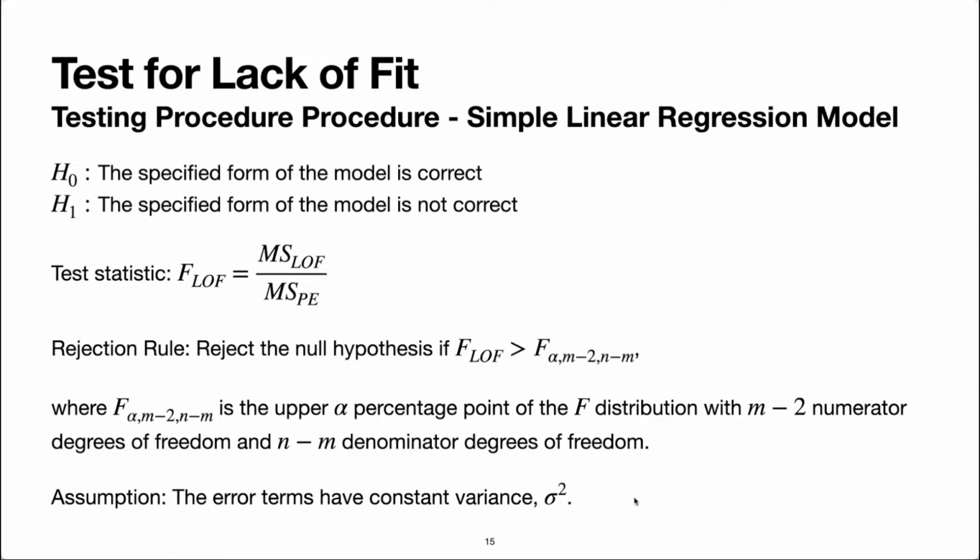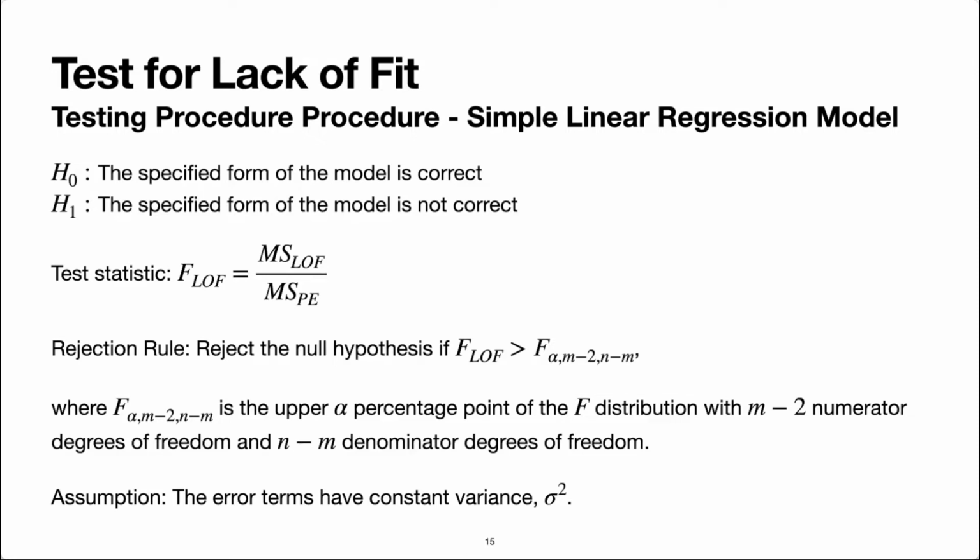Now, an assumption that underlies this testing procedure is that the error terms do in fact have constant variance, sigma squared. And you'll recall that this is one of the standard assumptions in a regression model.